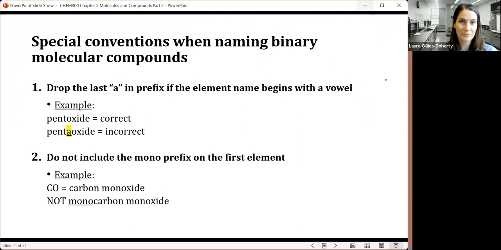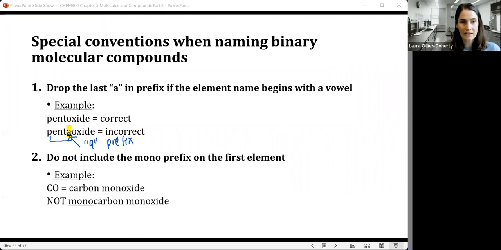The first has to do with vowels and the Greek prefixes. So if you have a Greek prefix that ends in the letter A, and the element name that follows that Greek prefix starts with an I or an O, then you need to drop the A in the prefix. It's to avoid having two vowels next to each other. So for example, pentoxide would be correct, but pentaoxide with that A in the prefix would be incorrect.